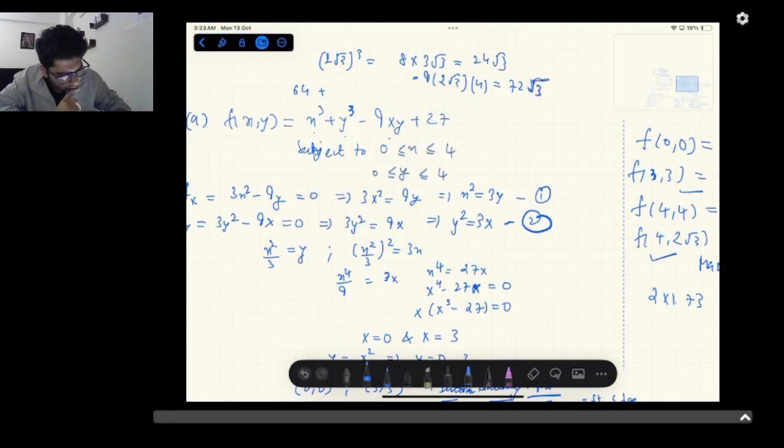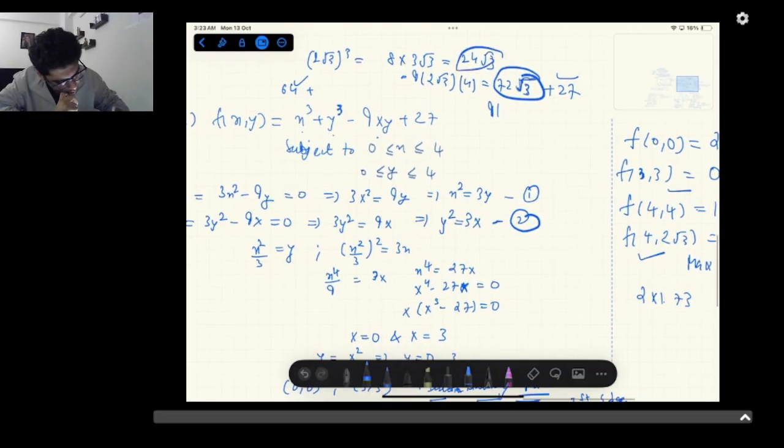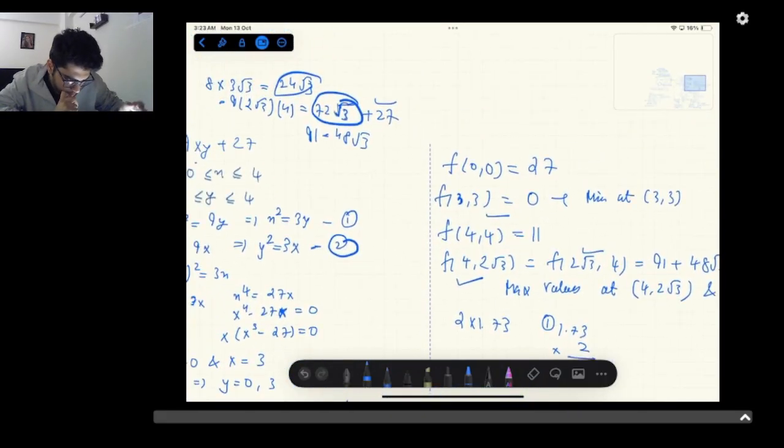Plus 27, so 64 plus 27 becomes 91, and this was negative 72 root 3, and this is positive, so this becomes negative 48 root 3.